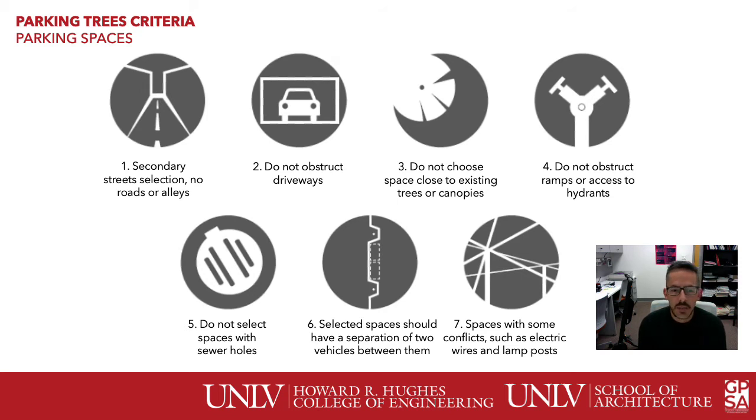Fifth, do not select spaces with sewer holes. Sixth, selected spaces should have a separation of 2 vehicle spaces between them so the canopy can grow. And seventh, spaces with conflicts such as electric wires and lamp posts are not included. So a space has to meet all of these 7 points in order to accommodate one parking tree in the road.